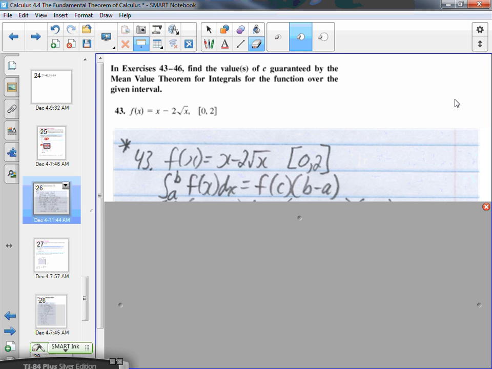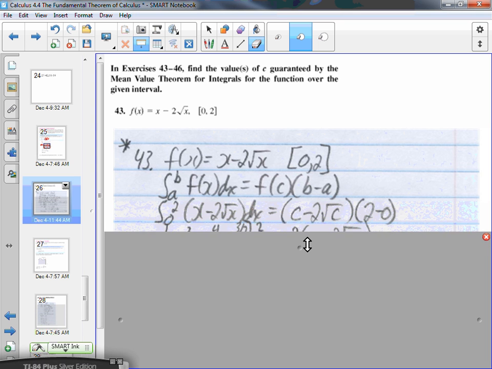We don't know x. All right, so our integral from a to b of f of x dx. What's a? 0. What's b? 2. So that becomes the integral from 0 to 2. We do know f of x. It's x minus 2 radical x dx.